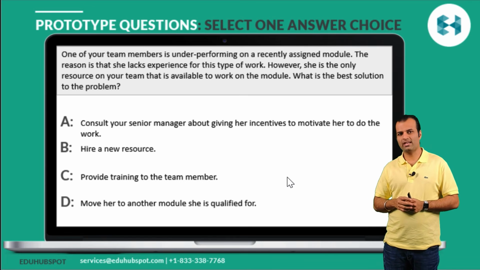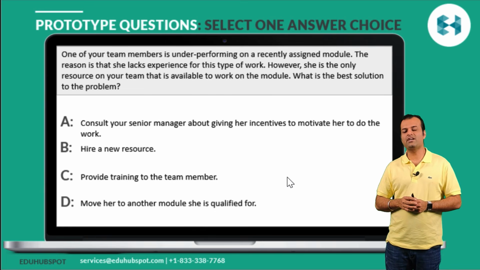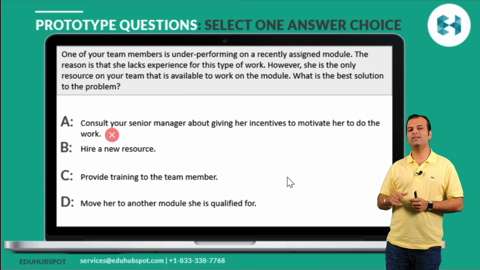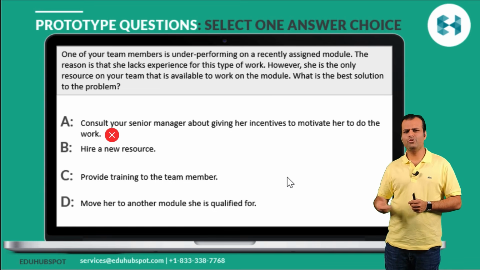What will you do? A, consult your senior manager about giving her incentives to motivate her to do the work. Okay, is there a problem over here with the motivation? I don't think so. So you can eliminate A. B, hire a new resource.